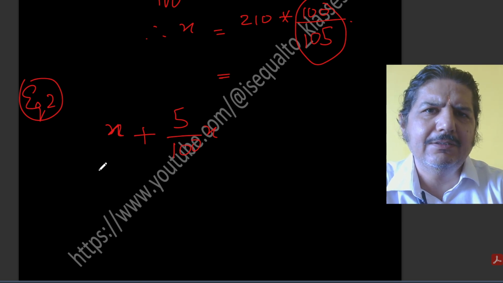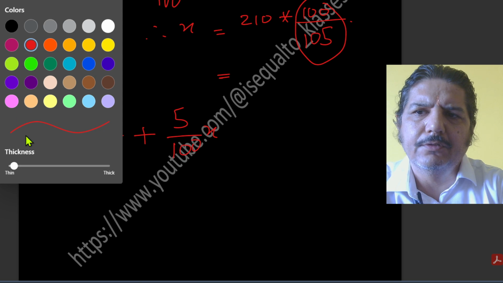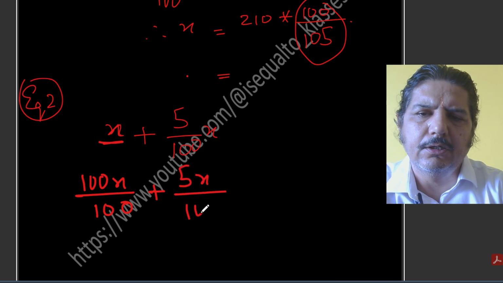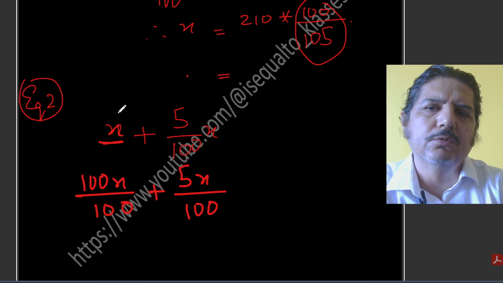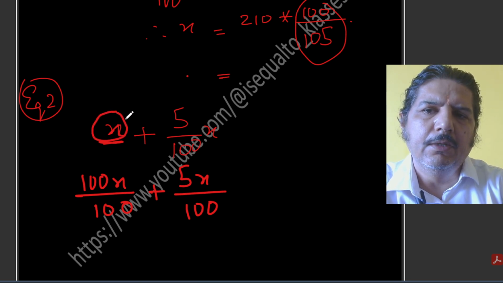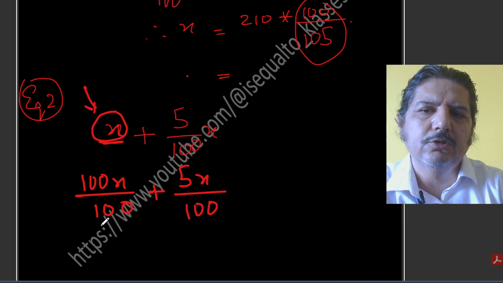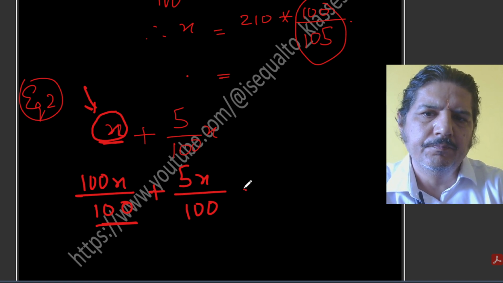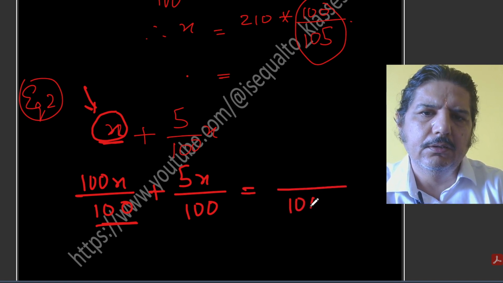The easy way which I have seen students prefer is that I write this x as 100x upon 100 plus 5x upon 100. Basically, I'm making the denominator of this x as 100, and I can do that by multiplying the numerator and denominator both by 100. So 100 is the denominator, and this will be 100x plus 5x.